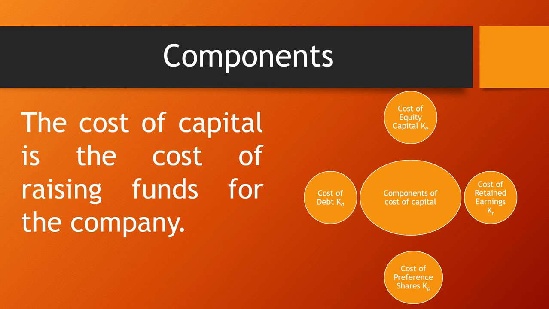And cost of equity capital: if I am borrowing by way of equity shareholders, I am investing the general public's money, I am making them partners, so I have to pay dividend to them. That is known as cost of equity, so I'll be talking about KE. These four combined will be named your cost of capital. If I combine the cost of all four components, I'll be talking about the cost of capital.